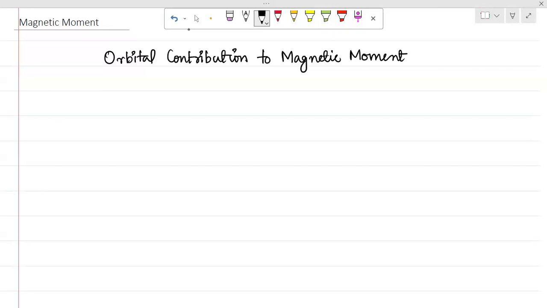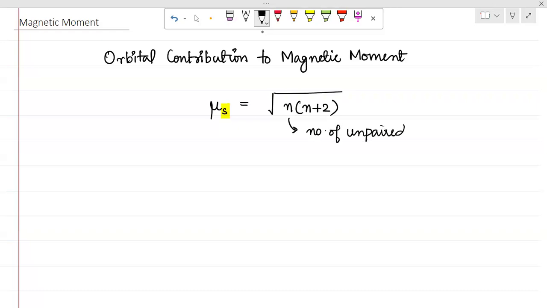We have already learned about spin only magnetic moment, and we have done a few examples in the assignment questions, wherein we learned that the spin only magnetic moment, represented as mu s, where s stands for the spin of the electron, is equal to root of n into n plus 2, where n corresponds to the number of unpaired electrons.